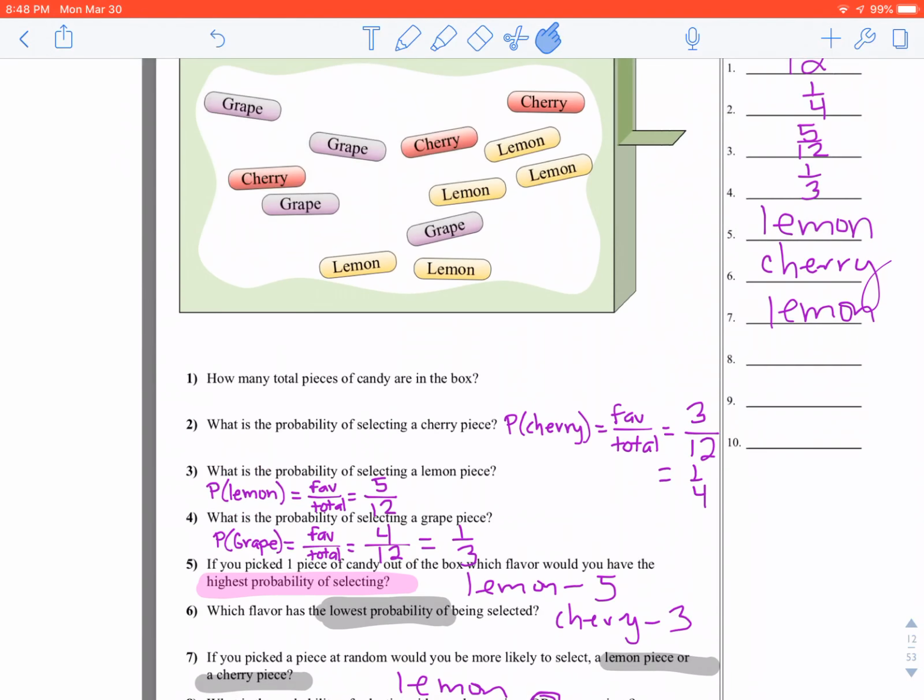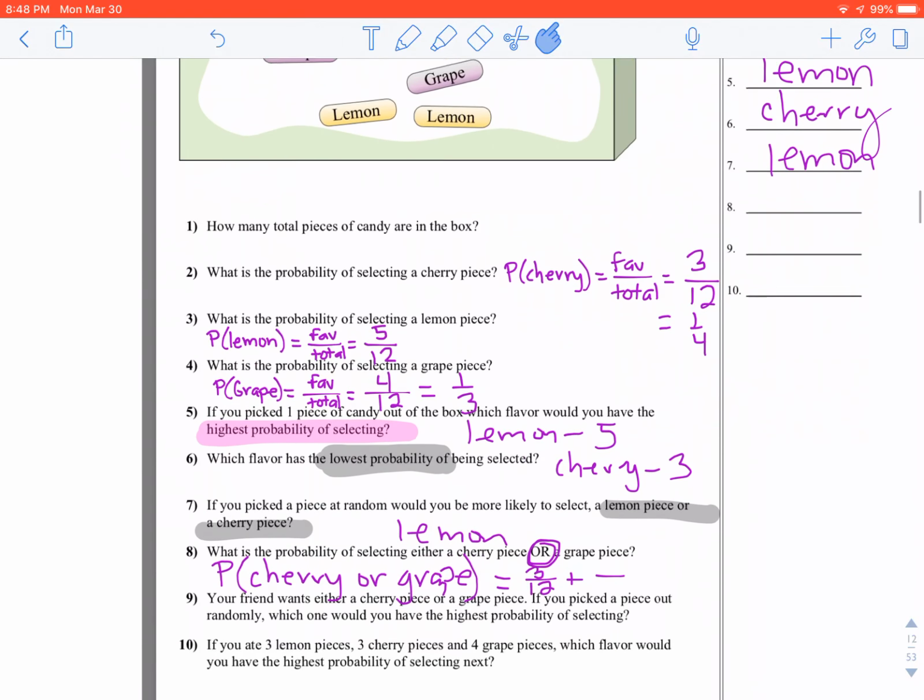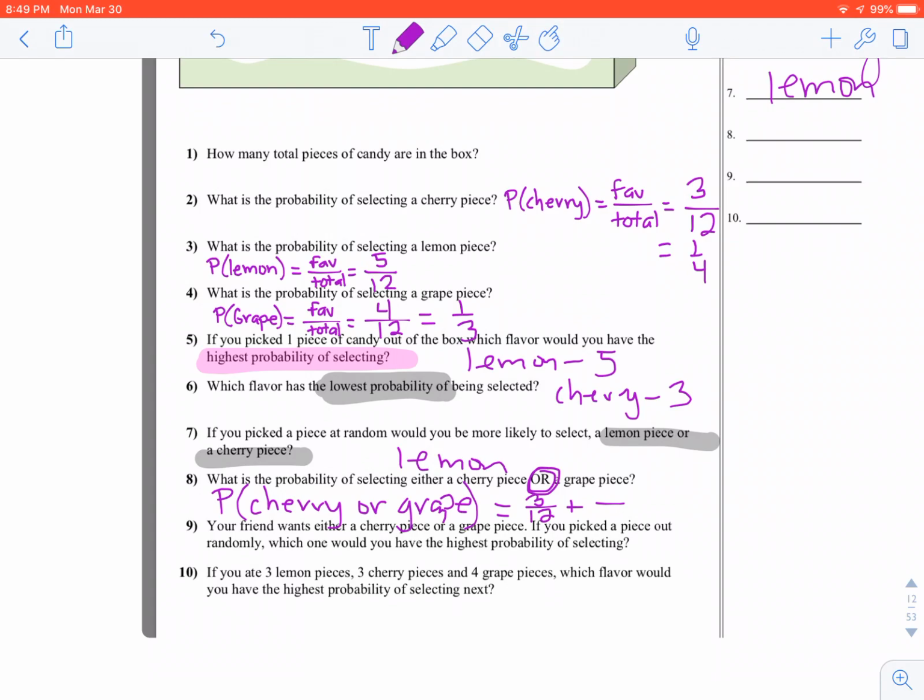I'll go back up to this for a minute. So 1, 2, 3, 4 for our grape. Okay, so 4/12. You are adding the probabilities together once you write out your fraction. If you are using your calculator, I'm going to tell you to put those in parentheses.